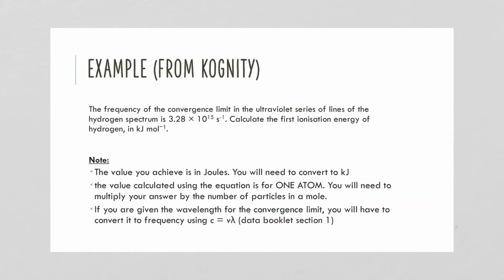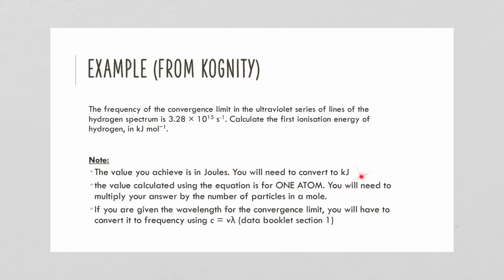Here's an example, the example given in the Cognitive textbook. It says the frequency of the convergence limit in the ultraviolet series of lines of the hydrogen spectrum is 3.28 times 10 to the power of 15 seconds minus 1. Calculate the first ionization energy of hydrogen in kilojoules per mole. When you perform the calculation, you get your answer in joules.